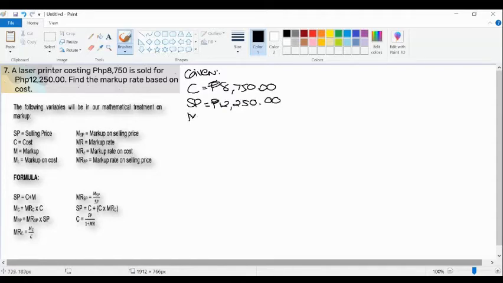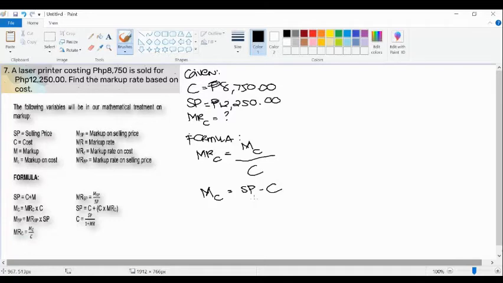And we're looking for the markup rate based on cost. So the formula that we're going to use is markup rate on cost is equal to markup on cost over the cost.